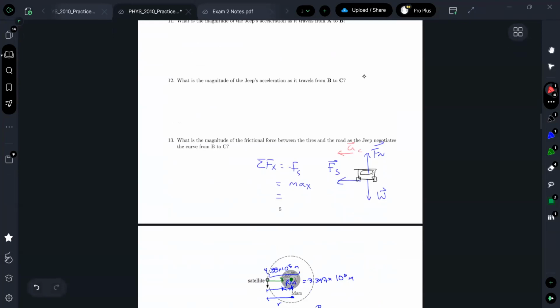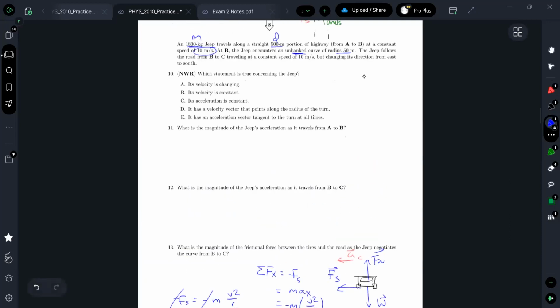So I need to replace that x acceleration with the size of the centripetal acceleration, v squared over r, but it's negative. So I'm left with the equation negative Fs equals negative m v squared over r. The negatives cancel. The magnitude of the frictional force is mass times v squared over radius.